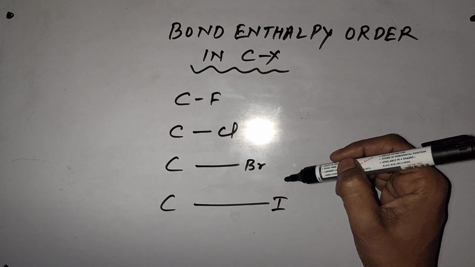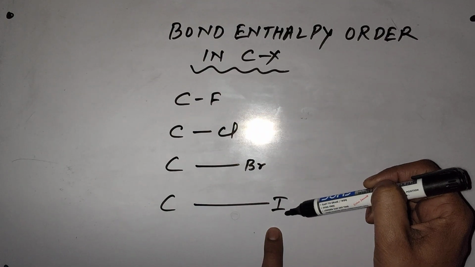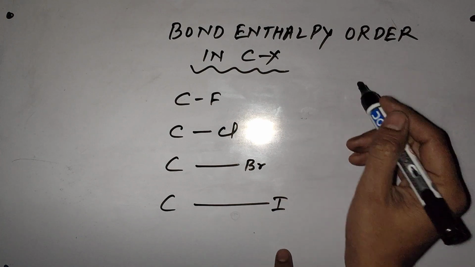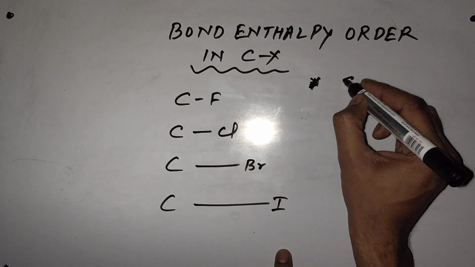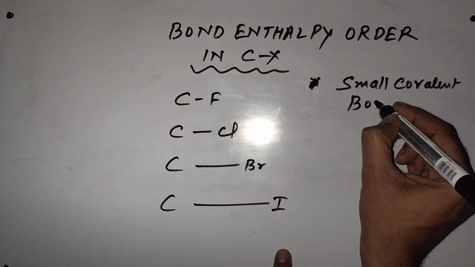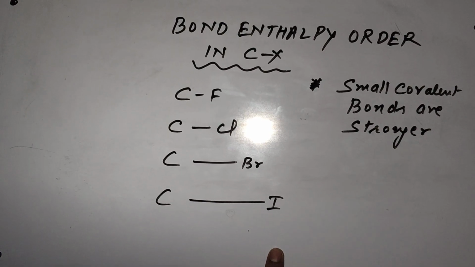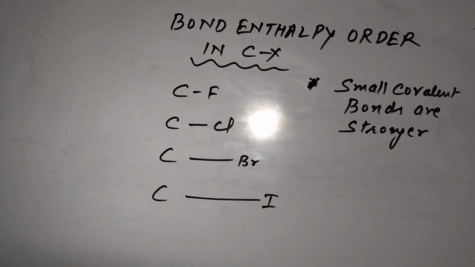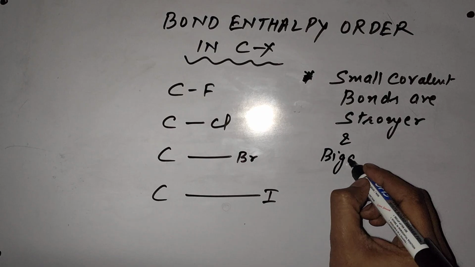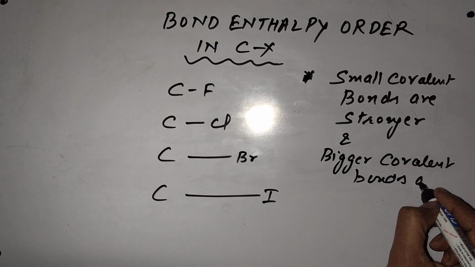The reason is that the atomic size of halogens increases from fluorine to iodine. If atomic size increases, the bond length will also increase. As we know, small covalent bonds are stronger and bigger covalent bonds are weaker.